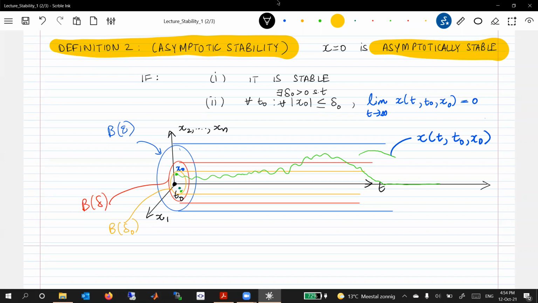So not only would you be confined to that epsilon ball, but as time goes to infinity, you would be decaying towards the origin. If you're starting outside that delta naught ball, but still within the delta ball, that's when the behavior that we were discussing might happen.